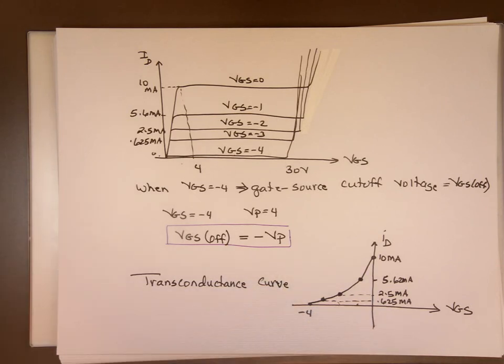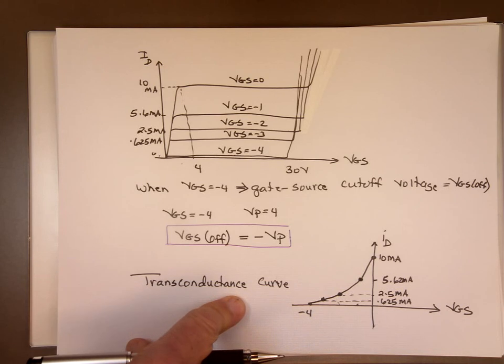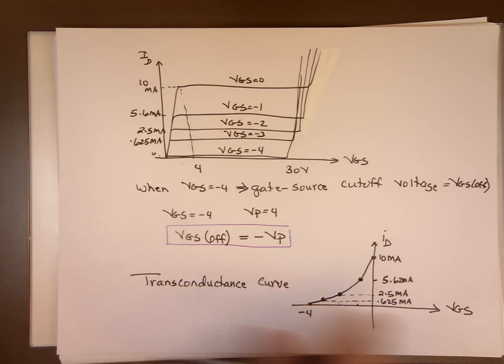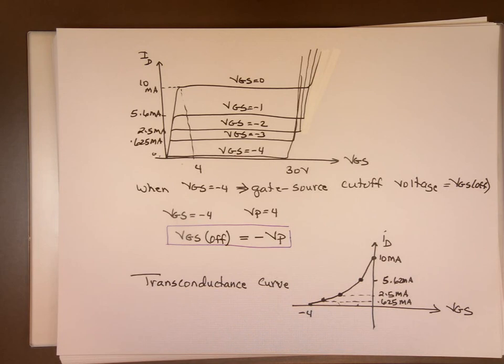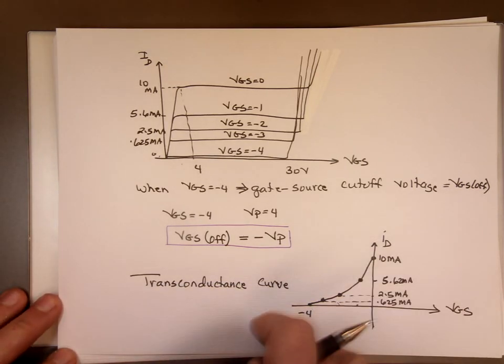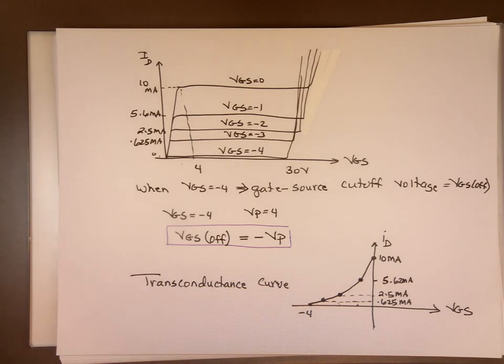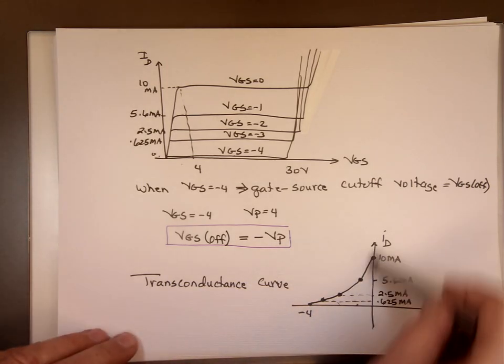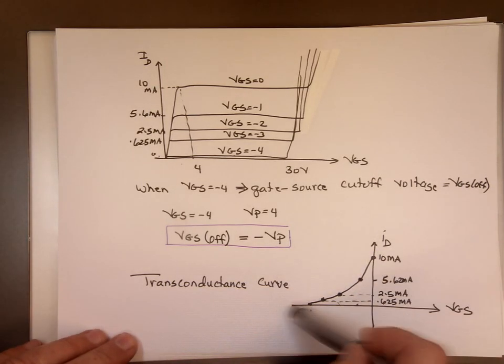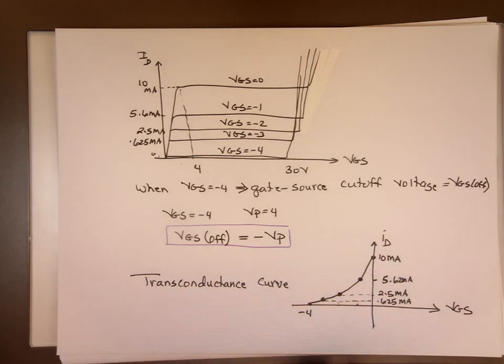It is the graph, or a JFET graph of VGS versus I sub D. Now, you can see from this, if you try to come up with an equation for that, that's where I'm heading with it. If you try to derive an equation to find the current at any given value of VGS, we know this is not linear. And if it's not linear, so what does that graph look like?